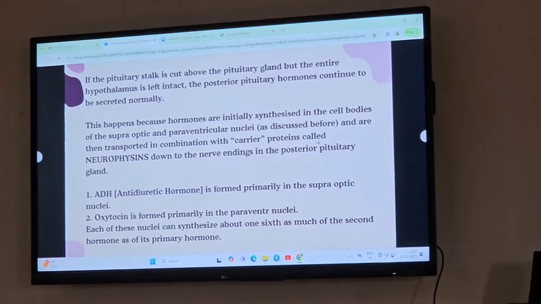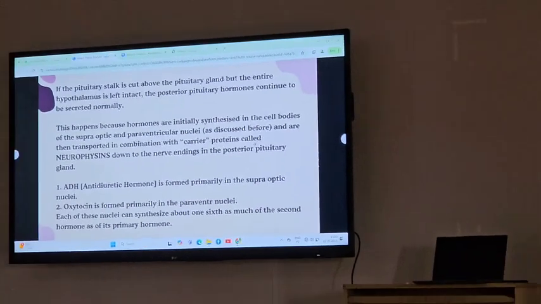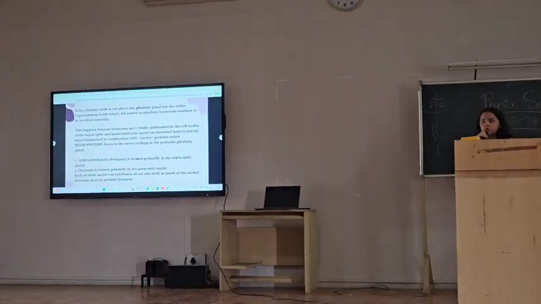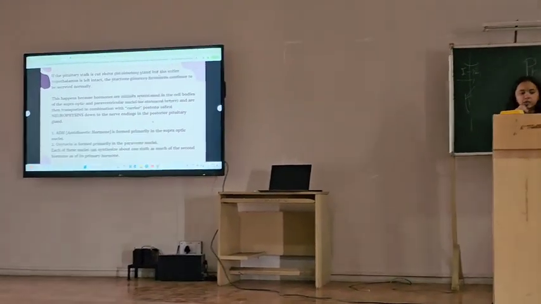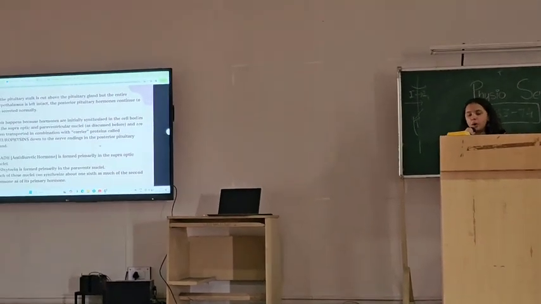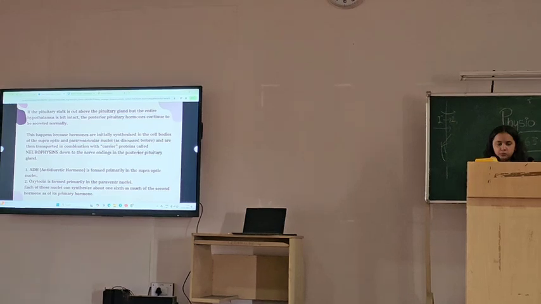ADH, that is antidiuretic hormone, is formed primarily in the supraoptic nuclei, and oxytocin is formed primarily in the paraventricular nuclei. Although each of these nuclei can synthesize about 1/6 as much of the second hormone as of its primary hormone.